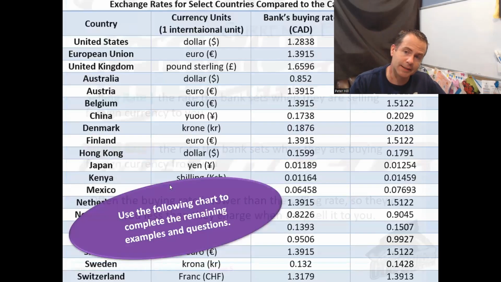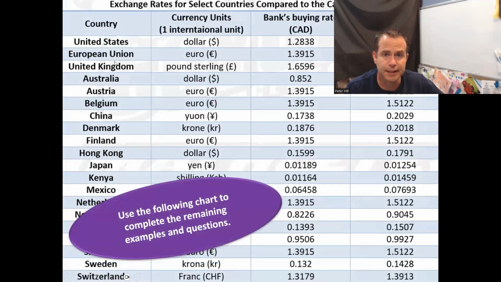Okay, so if we go back to this chart one more time, let's pick on the United States because it's right on top here. So $1 US, see it says 1 international unit. If the bank was buying it, it would be 1.2839 Canadian.